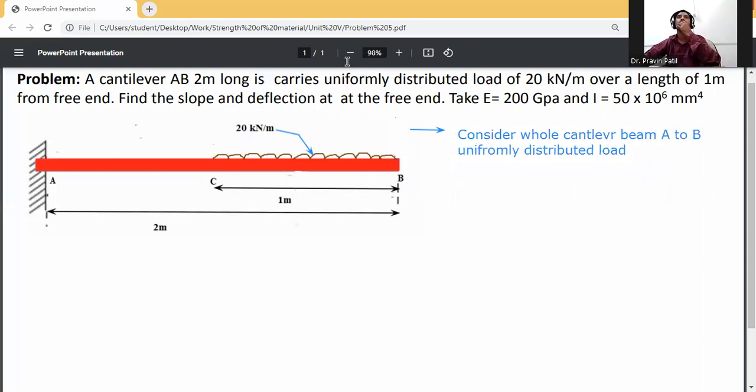But we just assume the load is over the full span A to B.